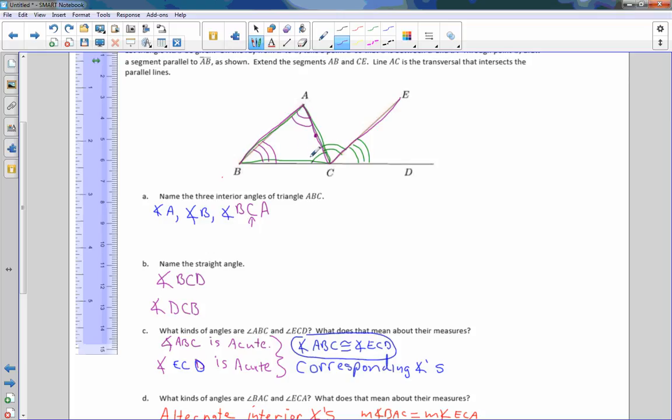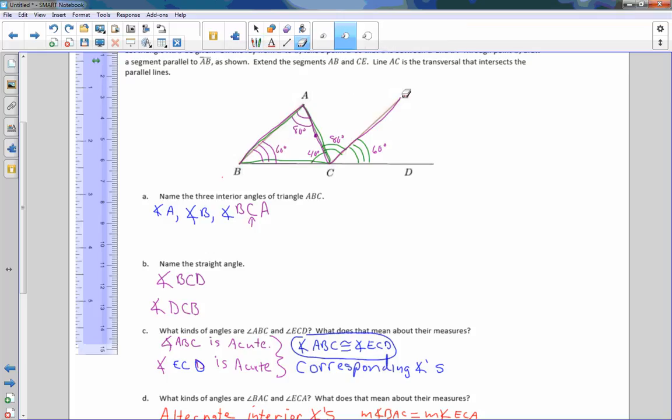So let me use numbers to explain that. If this is 40 degrees, and this is 80 degrees, that's 120 degrees, then this would have to be 60 degrees to add up to 180. So if this is 80, this has to be 80. And if this is 60, this has to be 60 degrees.